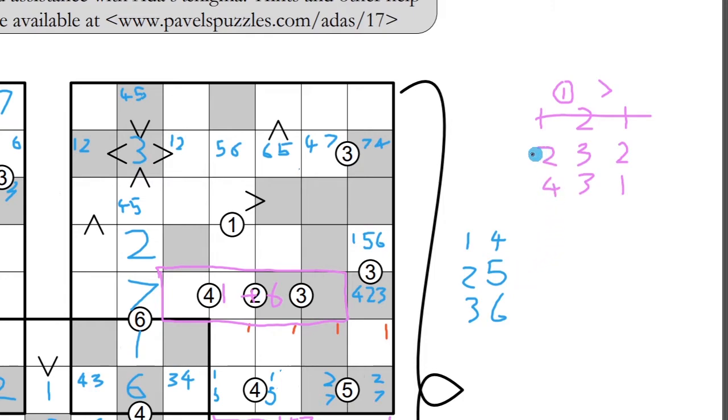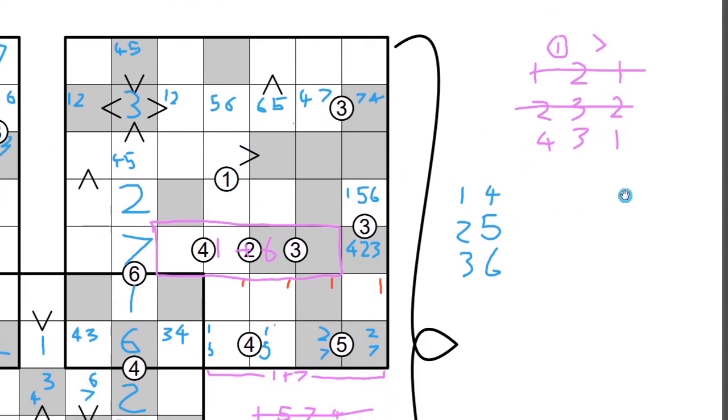It can't be a 2, so that's gone. 4, 3, 1. But then there's also 3, 2. I think I varied these. It should have been 2, 3, 1, and then 4, 3, 2, and 4, 3, 1.